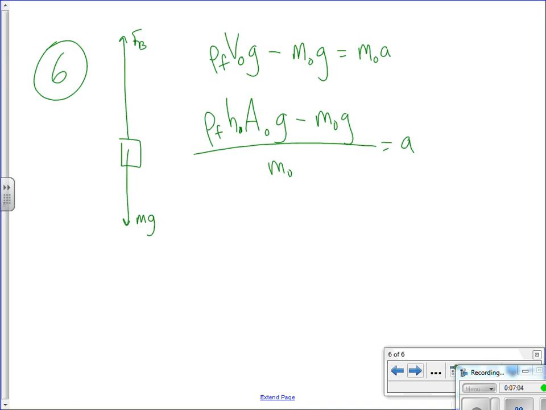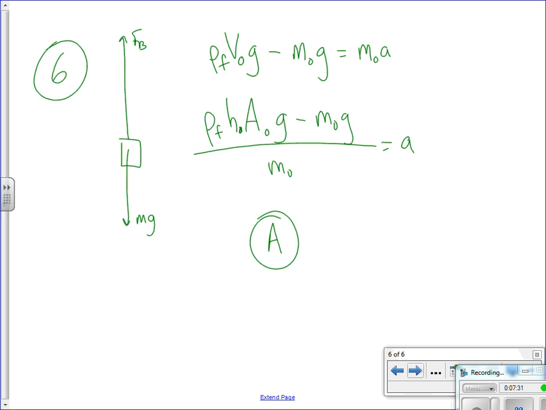I think that'll do it, because we know rho fluid, we're given. Height of the object, check. Area of the object, check. G, yes. Mass of the object, check. We get A.